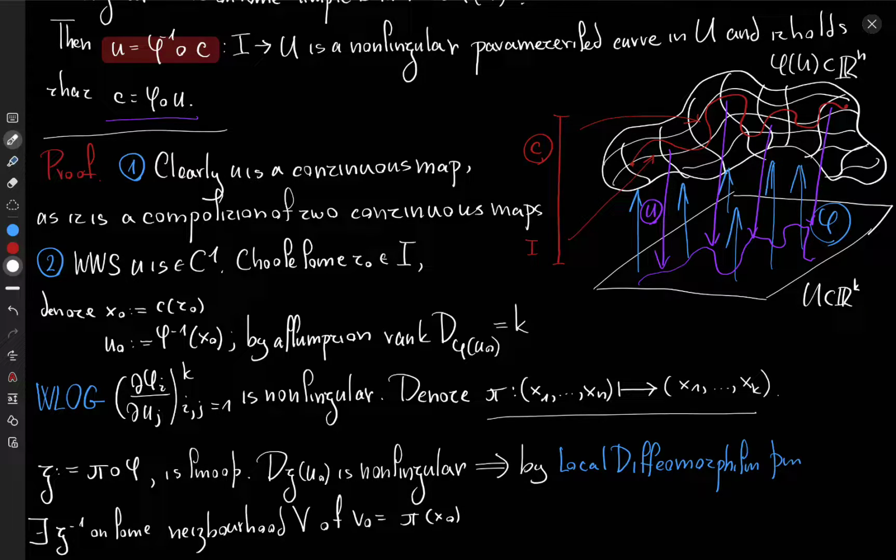Why does it exist? Well, because the local diffeomorphism theorem tells us that there is a diffeomorphism happening there on a small neighborhood. Well, if it's diffeomorphic, then the inverse exists in particular. That's a very simple corollary of the definition of diffeomorphism.